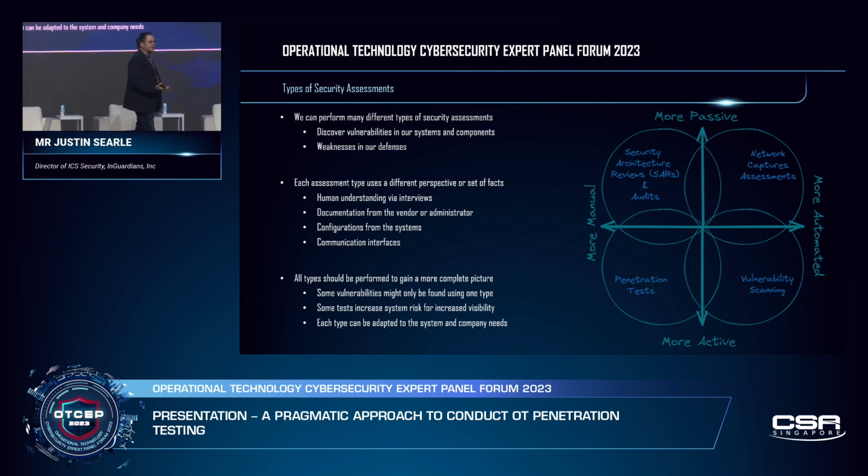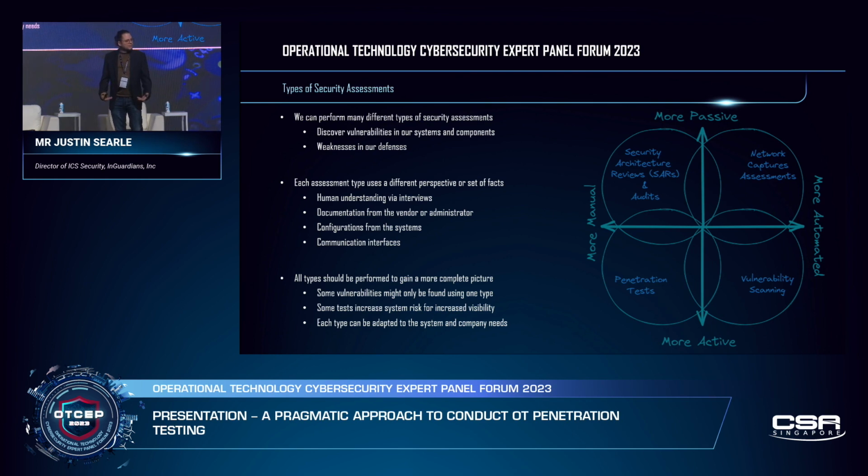Other types of assessments might query or interact with communication interfaces to identify different types of vulnerabilities. There are lots of different types of vulnerabilities present in these systems. We have not figured out how to build a complex system that does not have vulnerabilities. And the more types of assessments we can use, the more types of vulnerabilities we can identify.